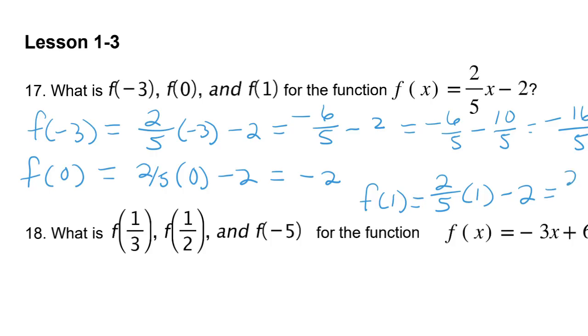So you have 2/5 minus 10/5. Oh, I'm out of the picture, so I'm going to put it right here in the bottom. It's 2/5 minus 10/5, which gives you -8/5.